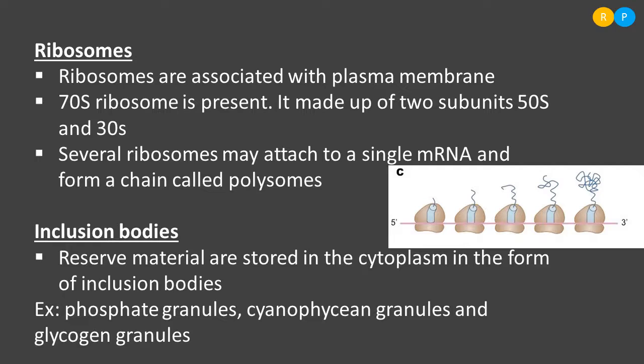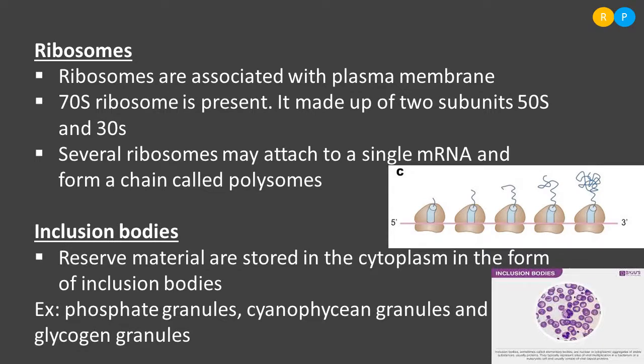So this is the structure of the prokaryotic cell. Understood, children? Yes. So we have studied all the structures of the bacterial cell, from the cell envelope to all the modifications, and we also completed our study on the ribosome structure as well as inclusion bodies.